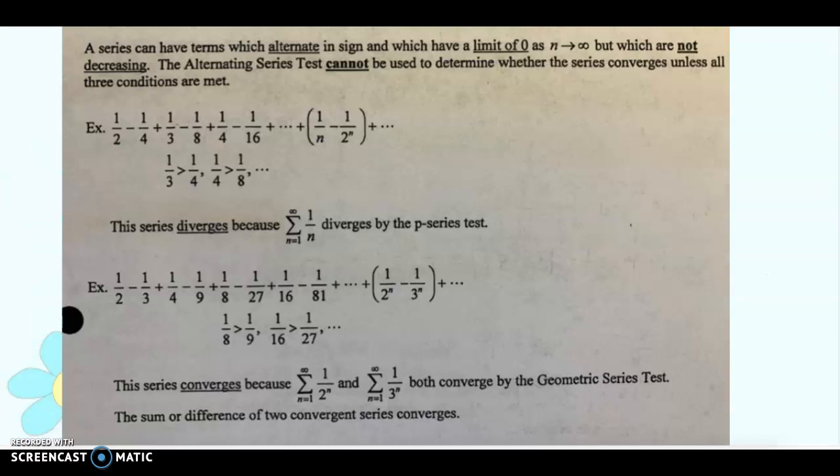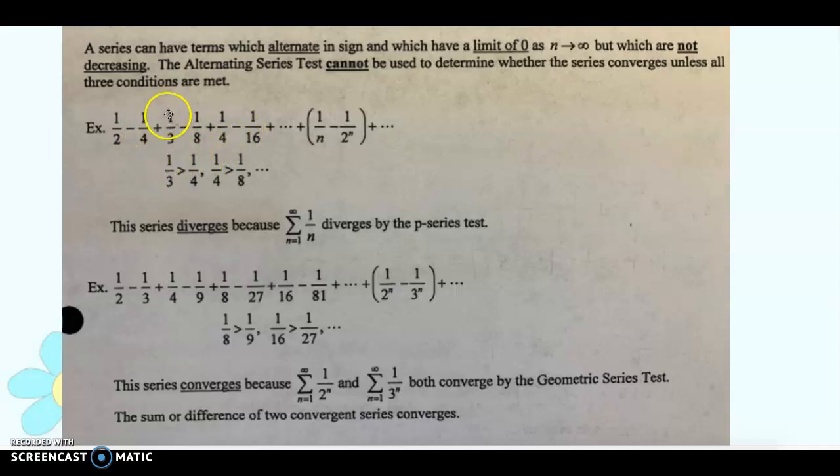I want to walk you through a couple examples of why those conditions are important for the alternating series test. So for an alternating series test, it has to be alternating sign, decreasing in magnitude, and the limit has to equal 0 as n goes to infinity. So on this one, you've got an example of a series that is alternating, positive, negative, positive, negative, positive, negative.